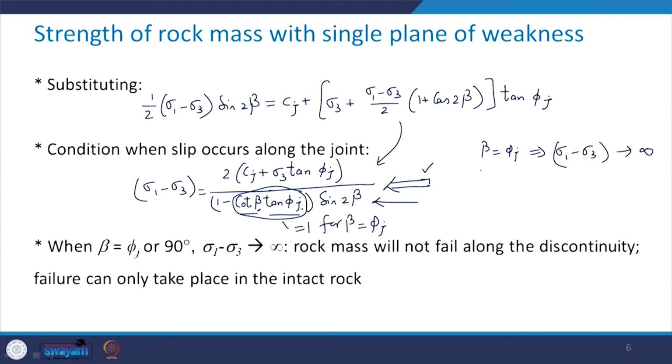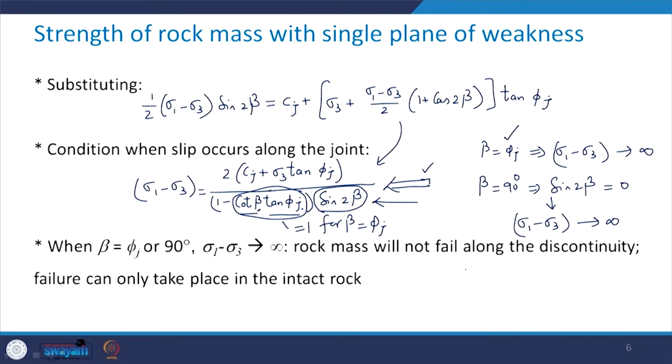Then take another value of beta, say 90 degrees. Substitute beta equal to 90 degrees. Now this quantity, sine of 2 beta, will become equal to 0. So again in this case sigma 1 minus sigma 3 will tend to infinity. What does this signify physically?